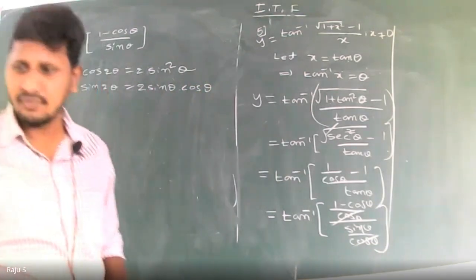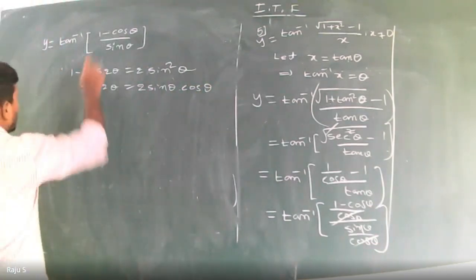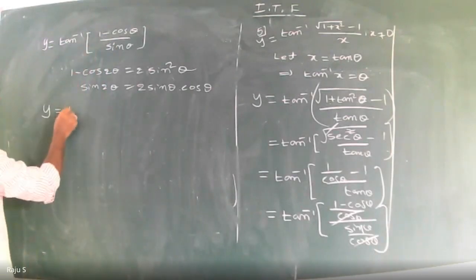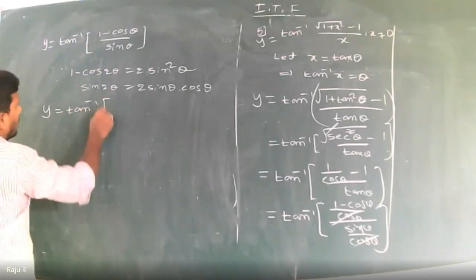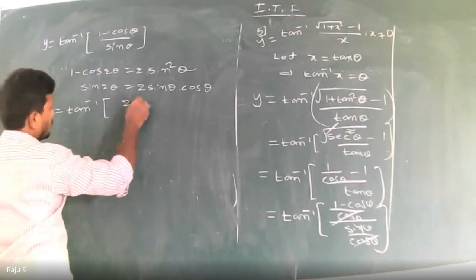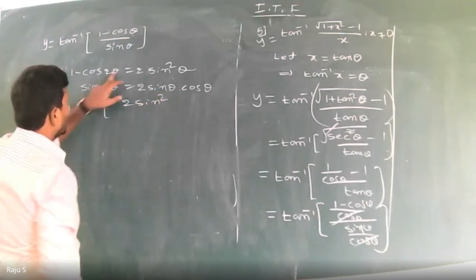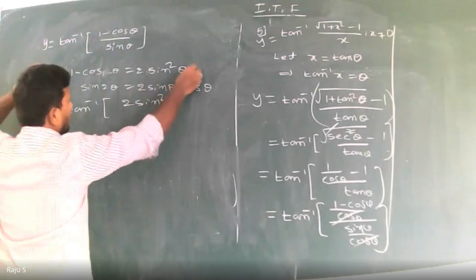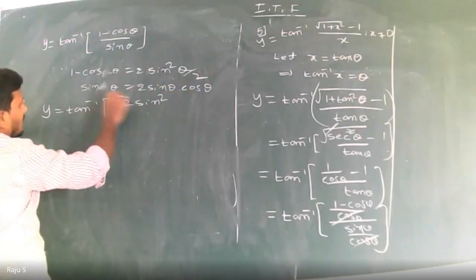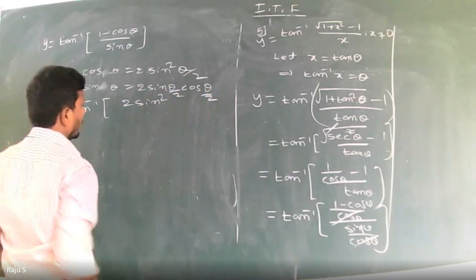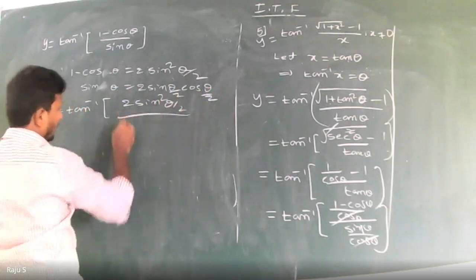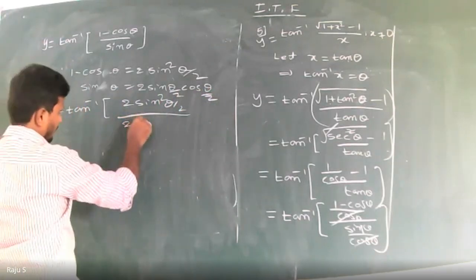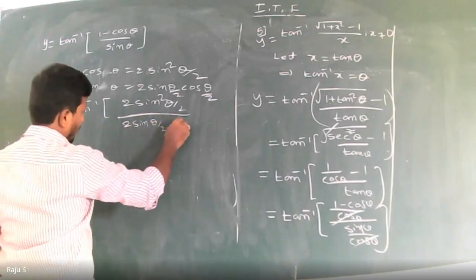With the help of these formulas, y is equal to tan inverse of 1 minus cos theta, which is 2 sin square theta by 2, since 2 theta becomes theta, and theta becomes theta by 2. In the denominator, 2 sin theta by 2 cos theta by 2.